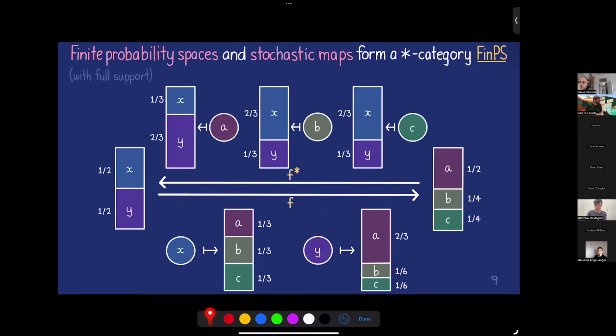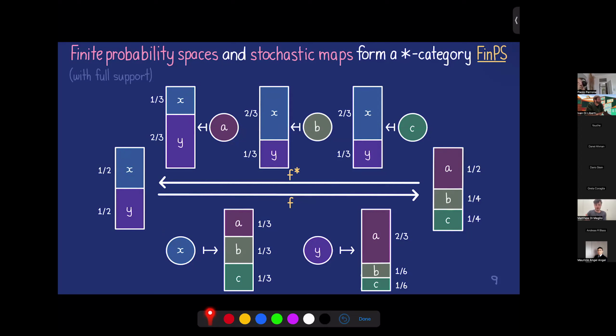So here's the Bayesian inverse of F. So the way you compute F star is you go, well, the probability of X given A will be the same thing as the probability of A given X times the probability of X divided by the probability of A. And you can use that formula to compute all of these probabilities.